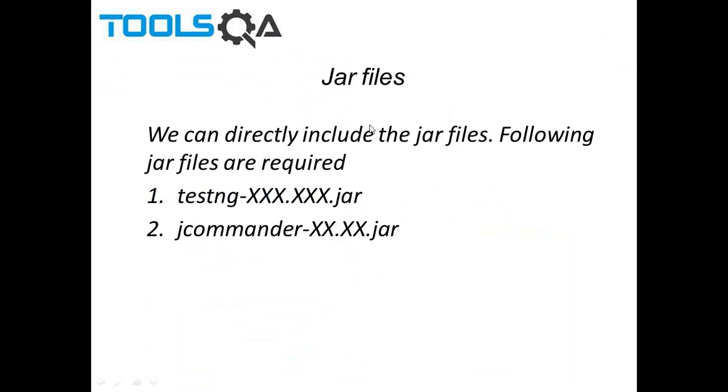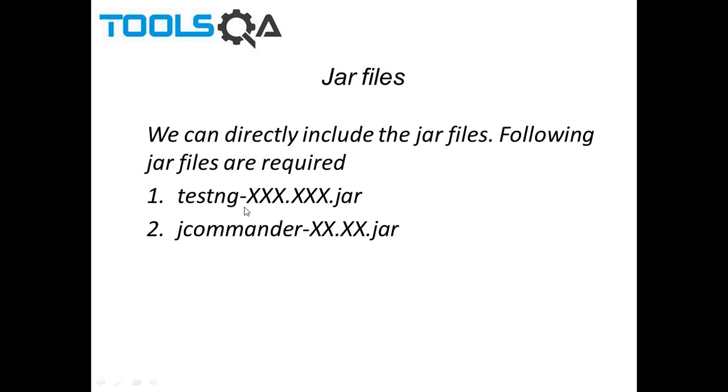The second way of doing it is using the jar files, right? So I would suggest that you have both ways ready on your system. You should have your jar files plus your TestNG plugin already installed before starting to write any test code. So the second way, which is the jar files, all you have to do is just download these two jar files, right?